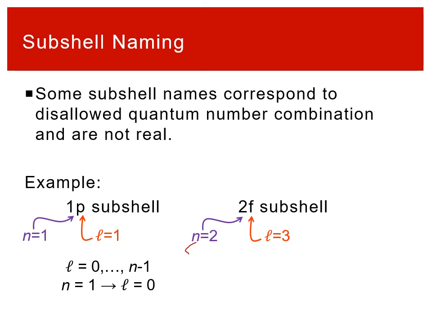That should be an immediate red flag that that L value is larger. That is impossible. When N equals 2, L can only be 0 or 1. So 2S and 2P are allowed. 2F is not allowed, nor is 2D. Only 2S and 2P. There are only 2 subshells in the N equals 2 shell, in that second shell.